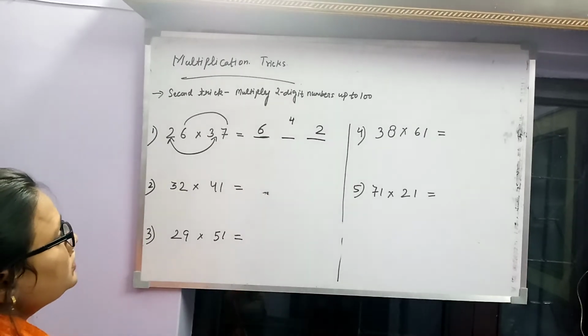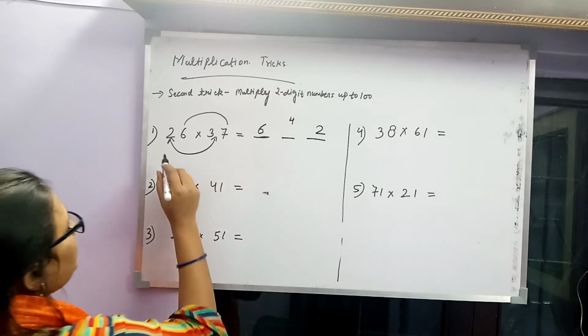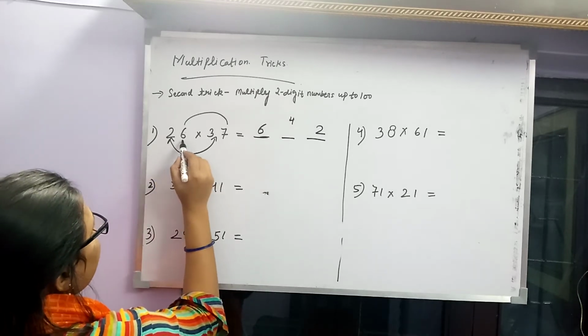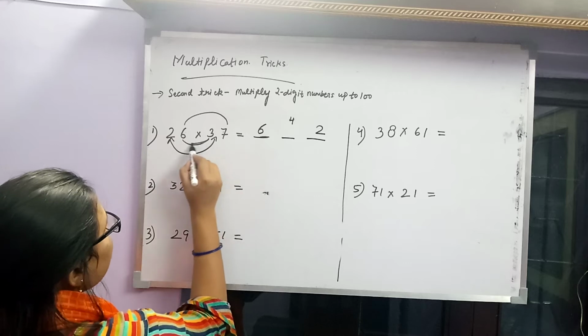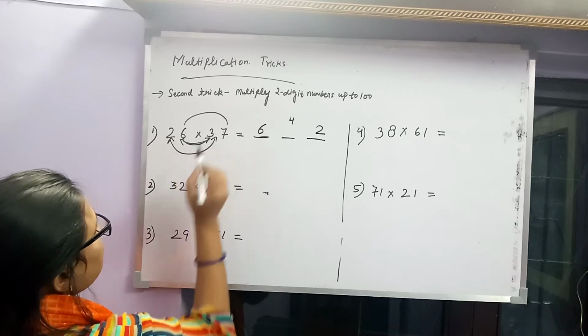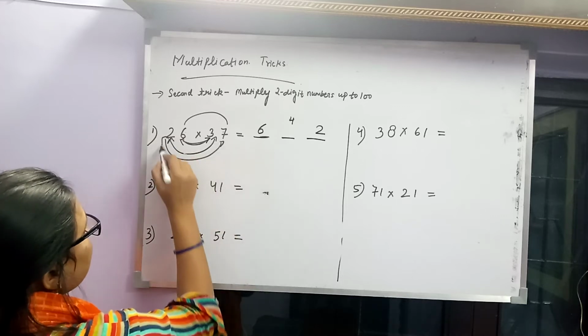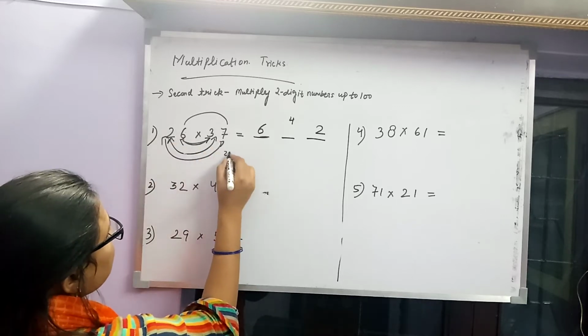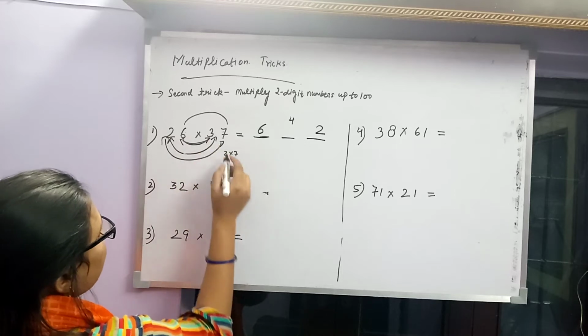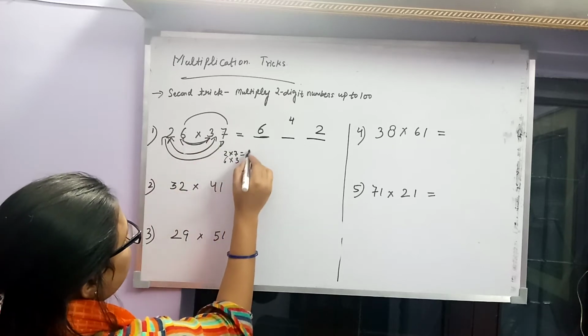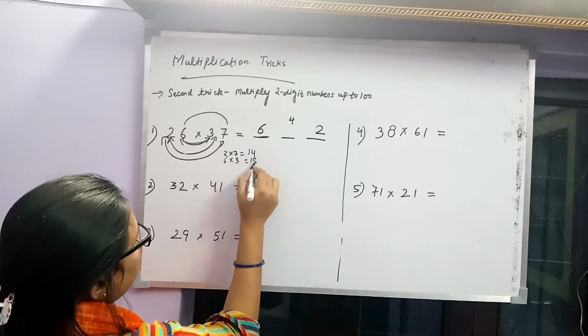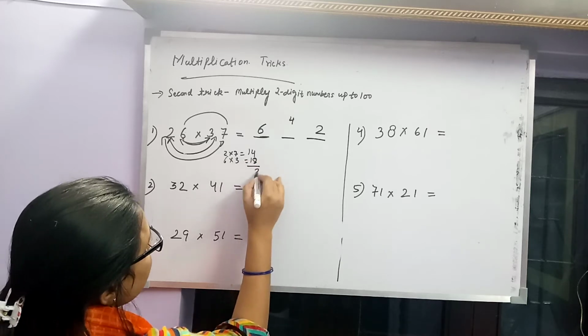Now what we will do next? We will multiply this number by this and this number by this. That means 2 into 7 and 6 into 3. So we will get 14 and 18, and we add these two.